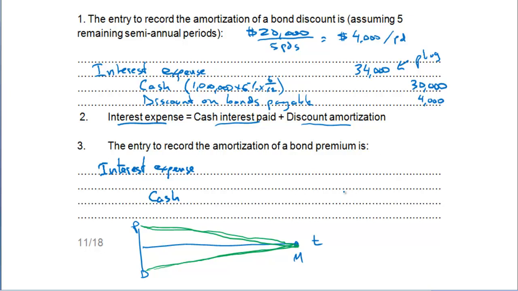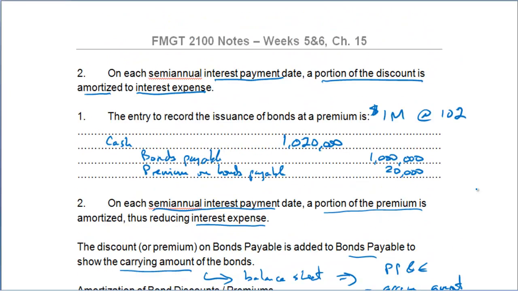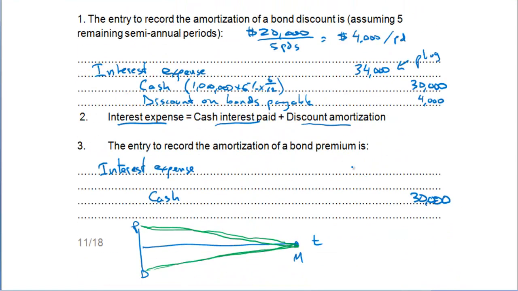So it's the same deal as the other bond, same bond. But now, remember, we've got to come up with the amortization of the premium. And so the premium gets set up here as a credit. So to lower or reduce this premium, we know we have to debit.